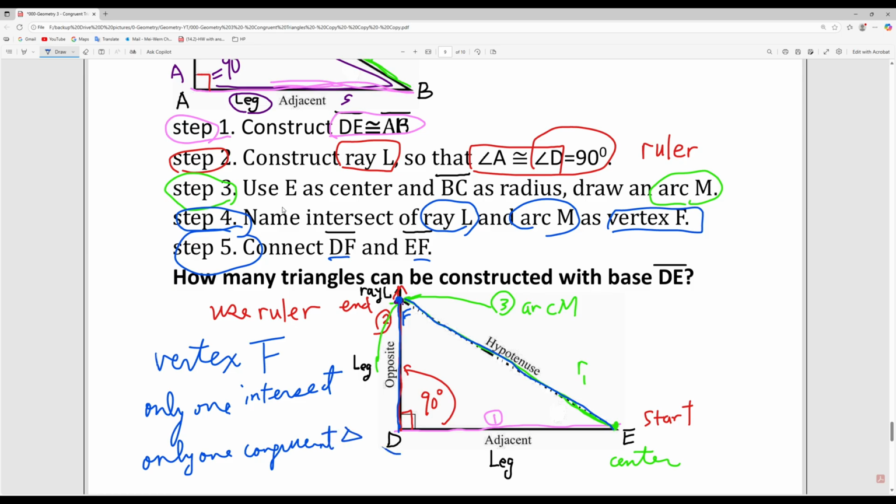Which satisfy 90° and the same hypotenuse and the same adjacent leg. Okay, so same thing.